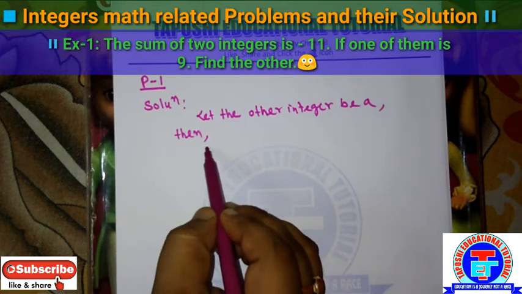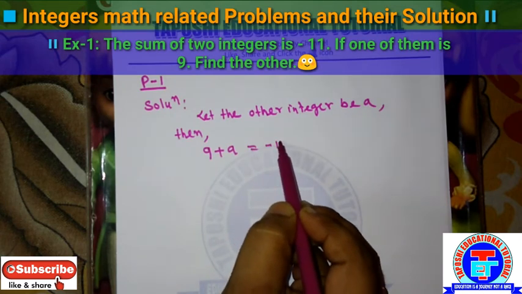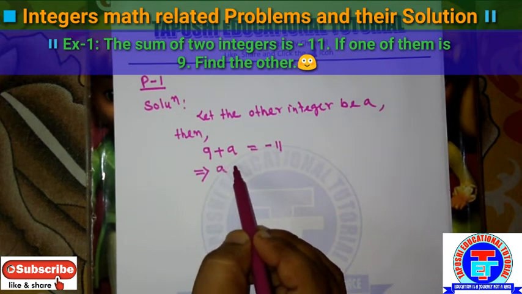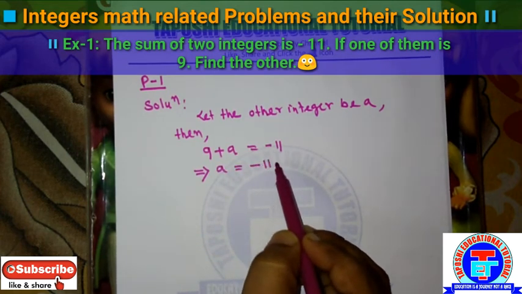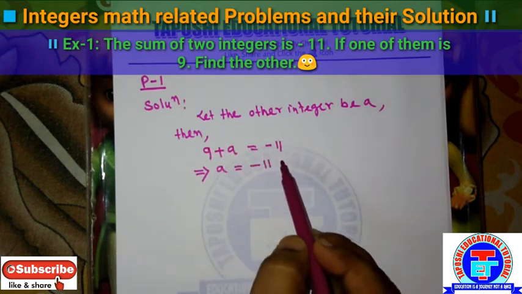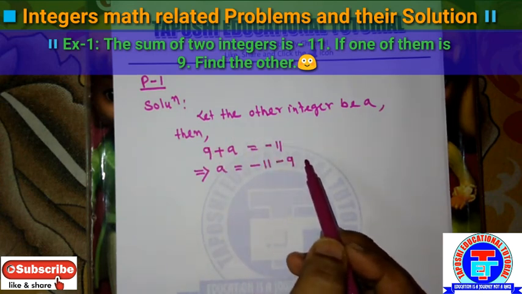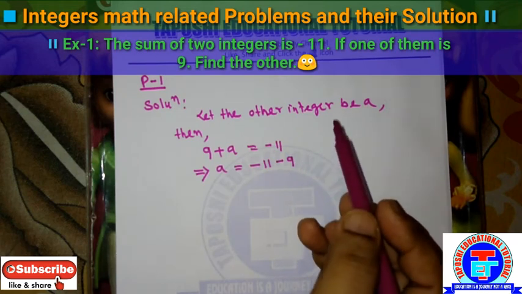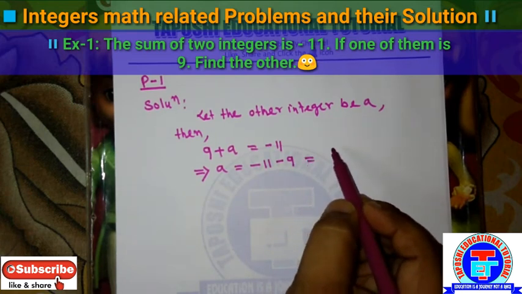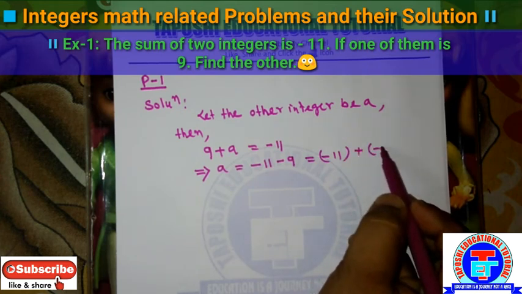Then we can write 9 plus a is equal to minus 11. Implies that a is equal to minus 11, and this will transpose to the right hand side. The plus sign becomes minus sign. Right. Now we follow the integer rules. Then we arrange it minus 11 and plus minus 9.